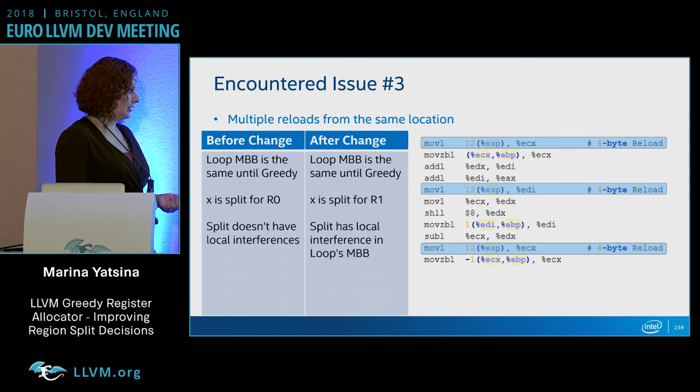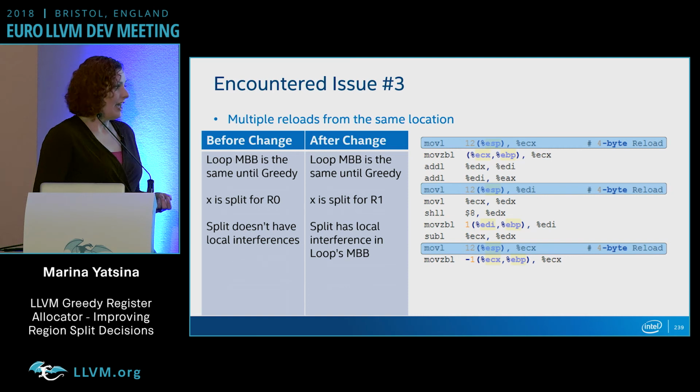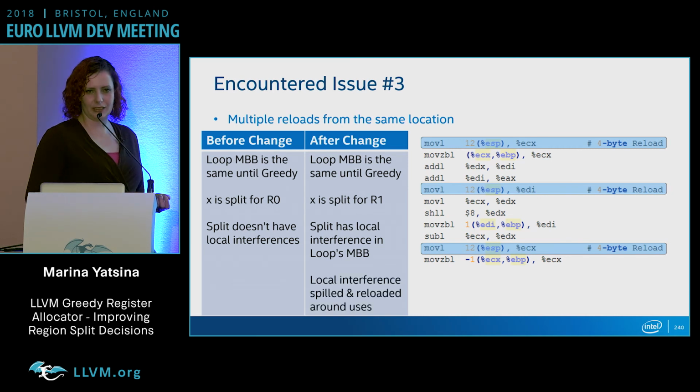But what's interesting is that when it was split for R0, it did not have any local interferences. But when it was split for R1, it had local interferences in the loop, in the machine basic block of the loop. And what also was there is that X had a lot of uses in that loop, and it ended up spilling. It couldn't find good allocation to another register, and we have all those reloads before every one of those uses.